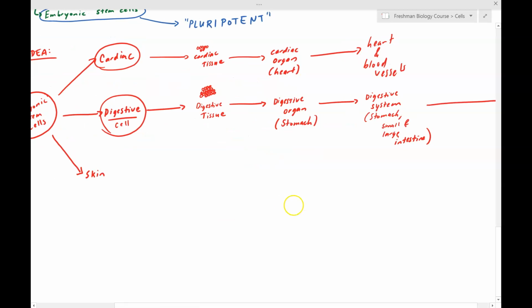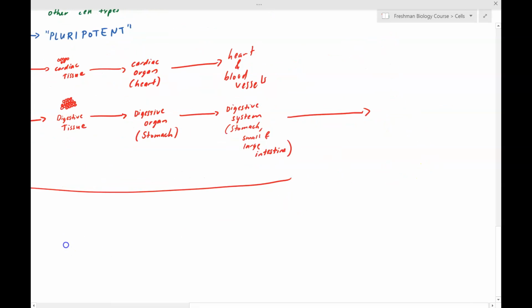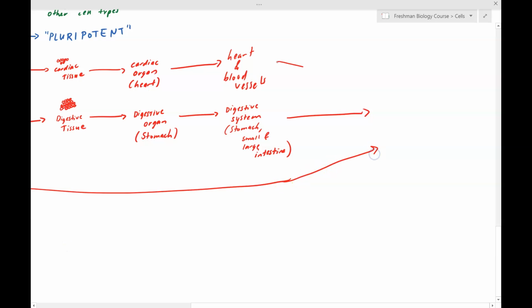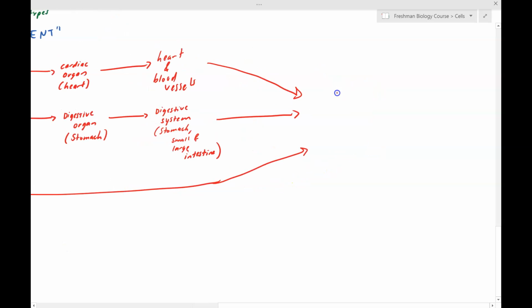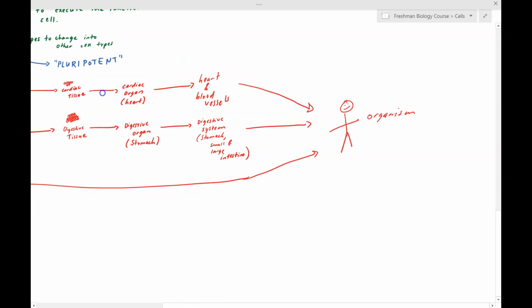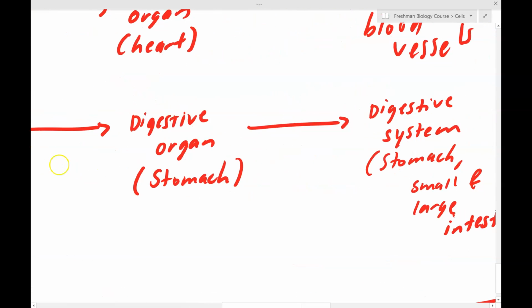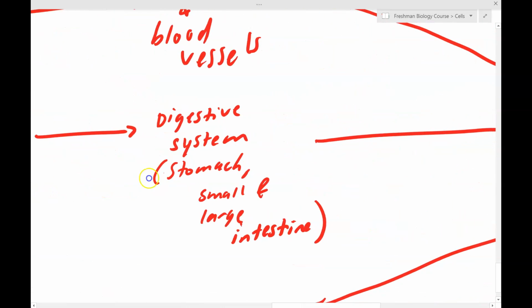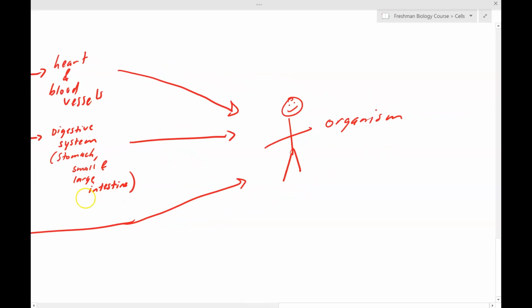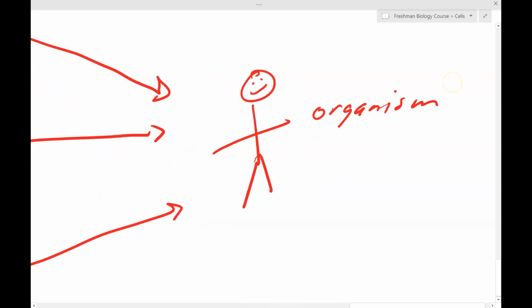All right, same thing with the skin. We'd go through this same pathway or process, and then we're going to get to an actual organism as we go. So we've got all of the cells mixed together to make tissue, and then the organs, and then the organ system, and then you put all those organ systems together, and we've got an organism.